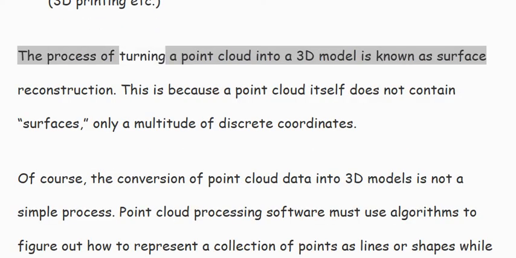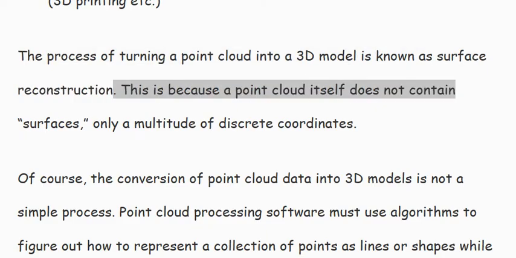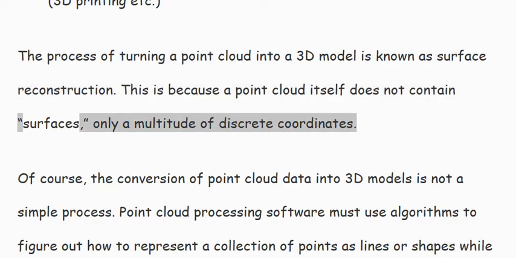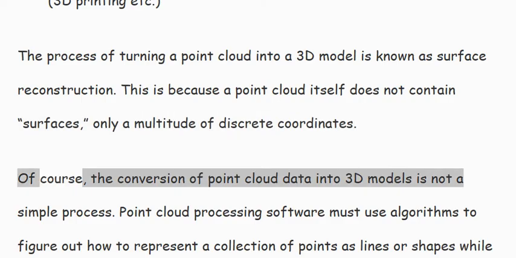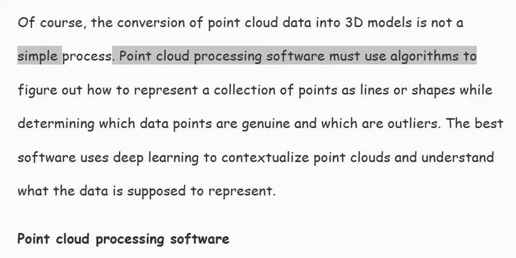The process of turning a point cloud into a 3D model is known as surface reconstruction. This is because a point cloud itself does not contain surfaces, only a multitude of discrete coordinates. Of course, the conversion of point cloud data into 3D models is not a simple process.